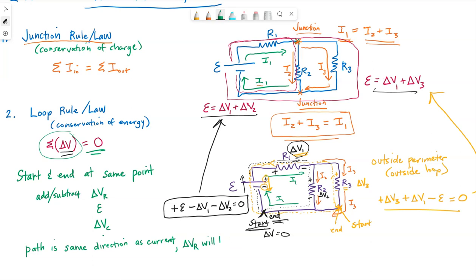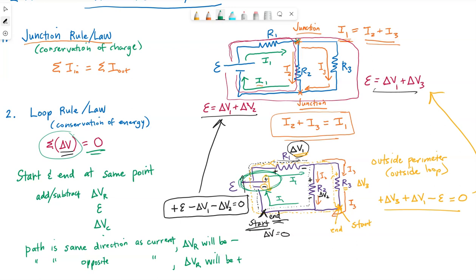If the path is the opposite of the current, delta V for the resistor will be positive. For the battery, it's based off of which plate we see last. So with batteries, the long end represents the positive end, the higher potential. The short end represents the negative or lower potential. So whichever plate we see last as we pass by will determine the sign.